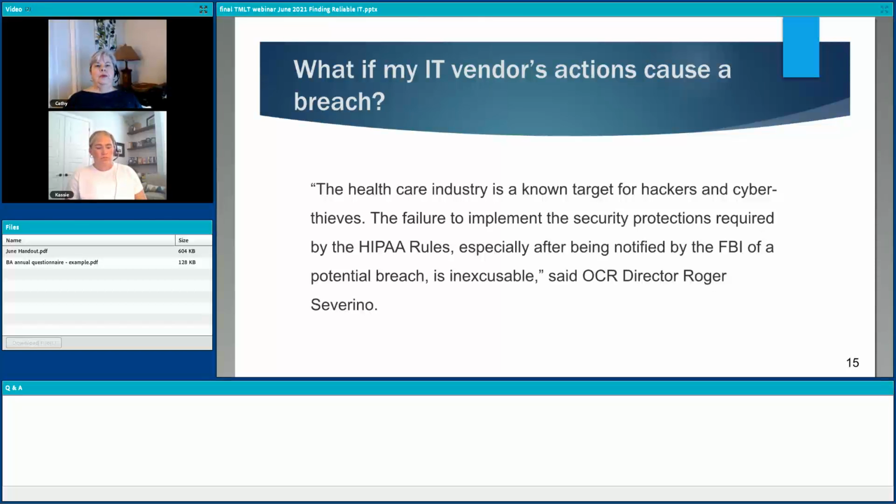I think we all remember the now infamous Target breach from a few years ago, where their credit card payment system was actually breached. The way that the cyber criminals got access to the credit card payment system was by going through, of all things, a heating and air conditioning vendor who had access to the network to do remote work, adjust temperatures, and do other kinds of remote maintenance.